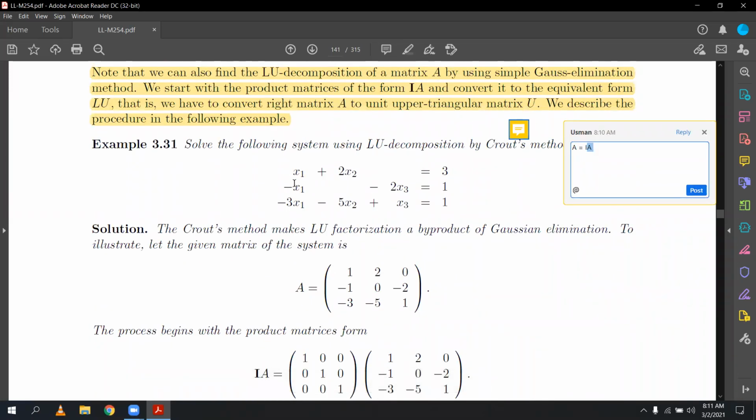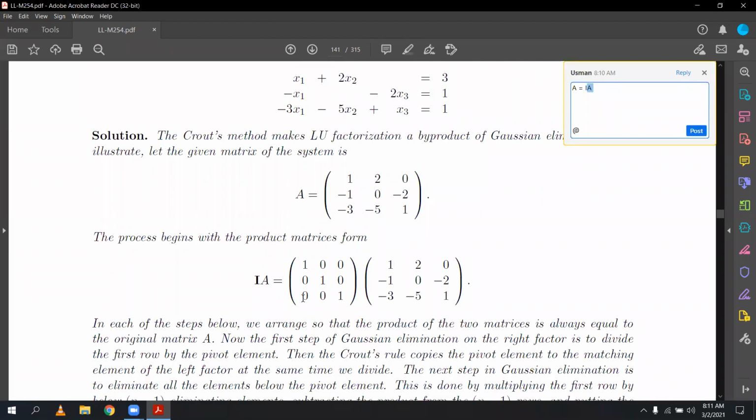First, we have to find what is A. A is the coefficient of the unknown variable: 1, -1, 3, 2, 0, -5, 0, -2, and 1 is here. And then we have to take this one, I. This is your I. So what is your job?